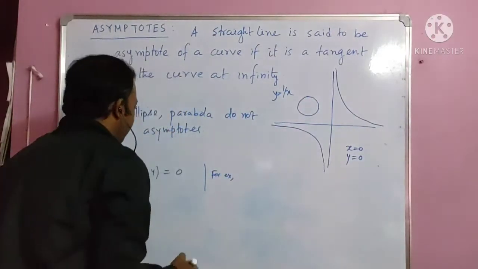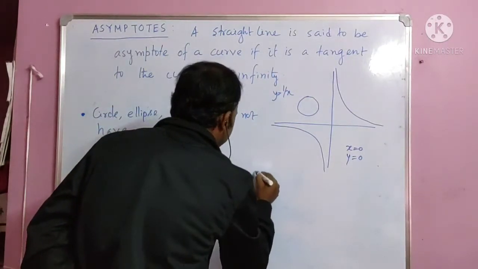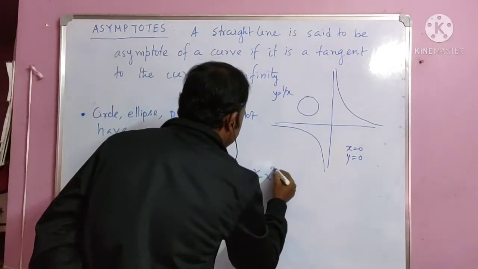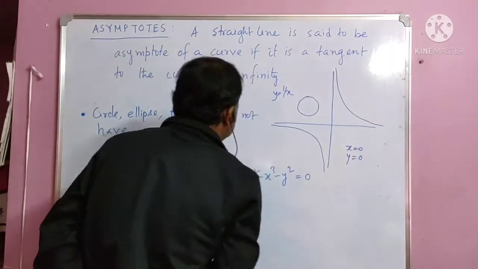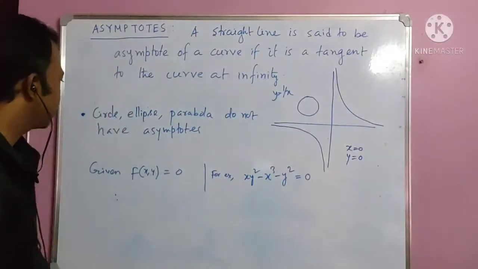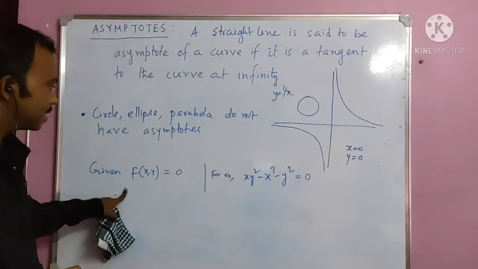For example, x y squared minus x cubed minus y squared equals 0. Suppose this is a particular f of x, y. Now, how many asymptotes can we get here?